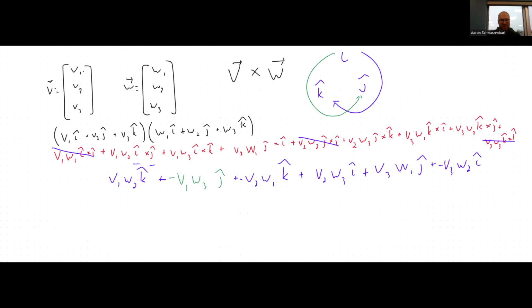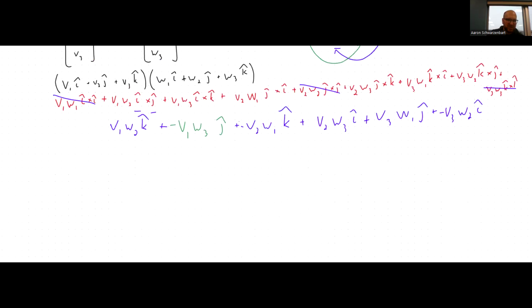Nothing cancels out anymore. But when I put it into a matrix, which is how they're going to show it in your IB formula packet, V2W3 minus V3W2 is going to be my first thing in my vector. j: V3W1 minus V1W3.